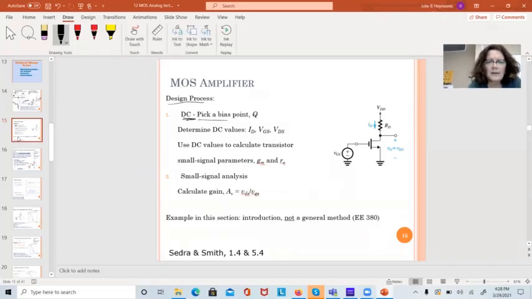But we're going to pick a DC bias point Q, and for right now, we'll call it just right in the middle of the saturation region. And from that, we can determine what DC values we need to get it at that bias point. And this is called the Q point. The Q point is just the DC operating point.